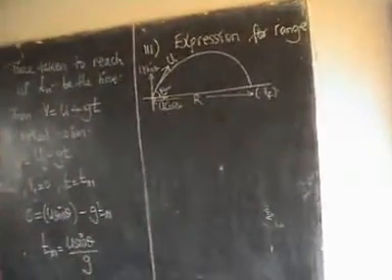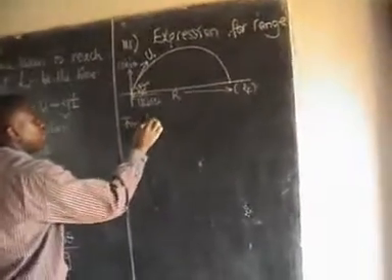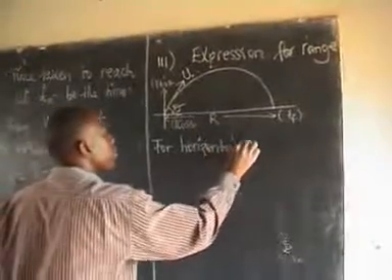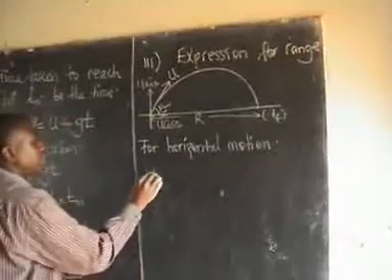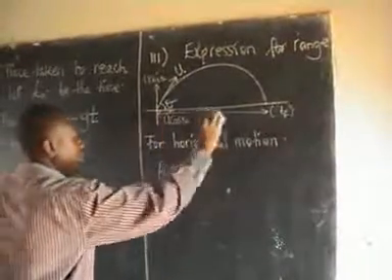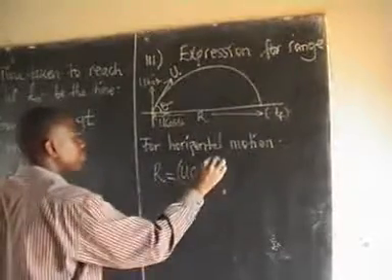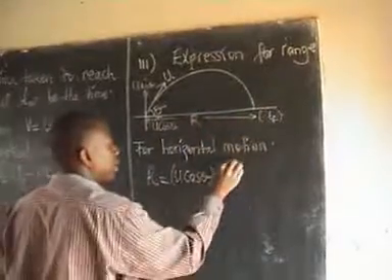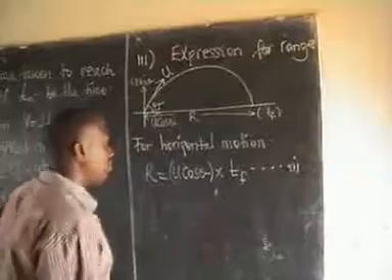then considering horizontal motion, the range r will equal, you use the horizontal component, u cos theta, times the time taken to move from here up to there, which I have called tf. So that can be equation 1.